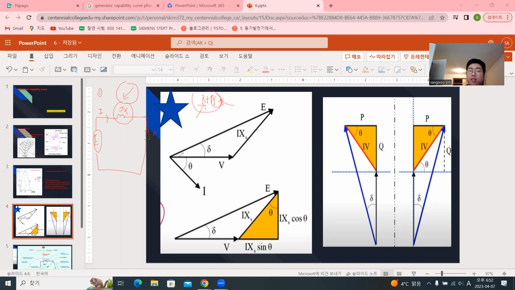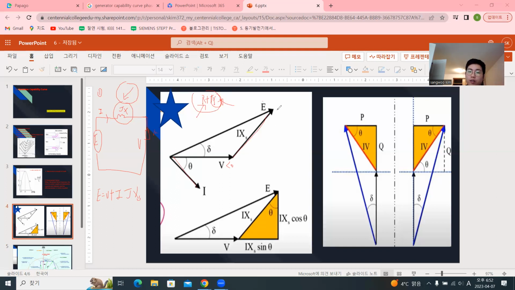Look at this, here is V. So E equals V plus I jXs. And V is the reference. Generally our power system has motors, so that's why the current is lagging. We add it here, and this is what we made now.